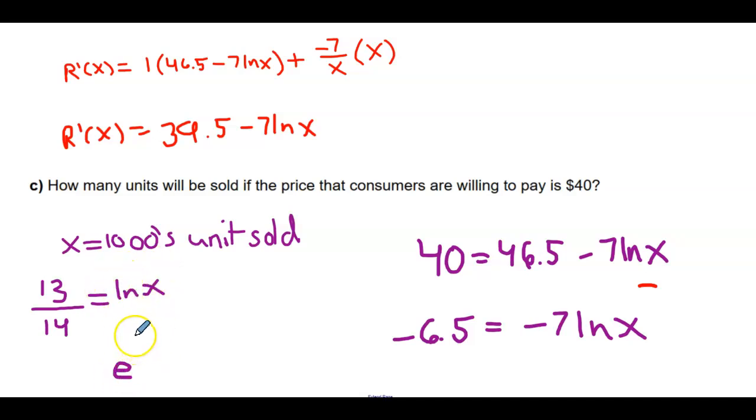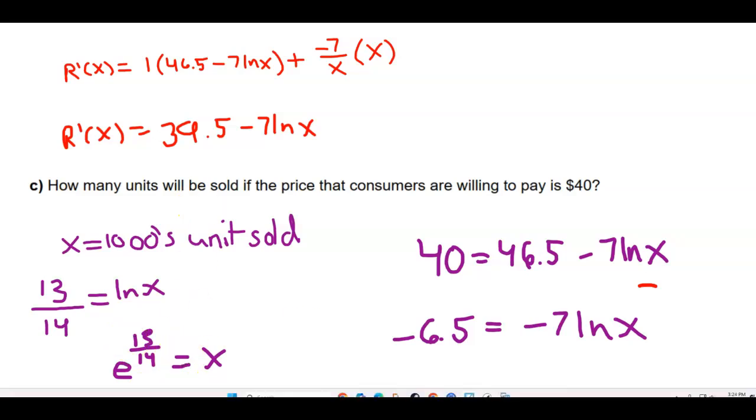The output of our logarithm is the exponent, so the exponent is 13/14. And then the input of our logarithm, x, is the output of this exponential statement. So it's base e raised to the 13/14, and the output is the argument of our log, which is just x.